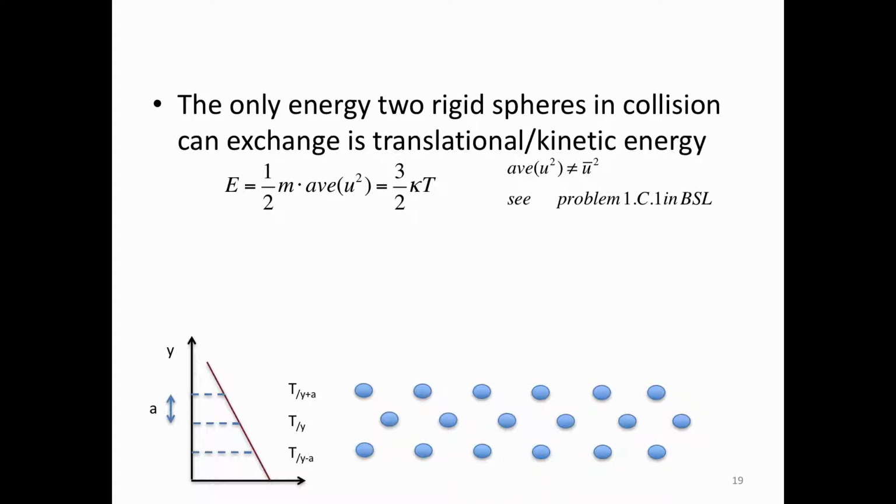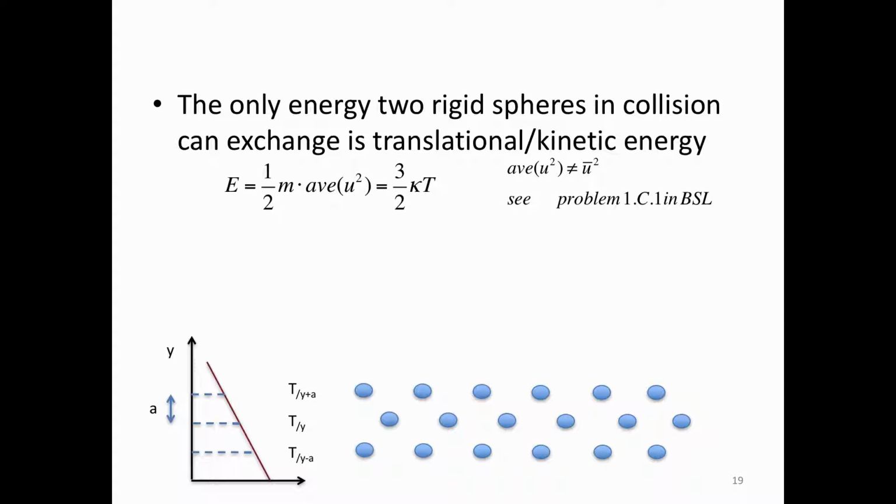So let's look at what it is that I'm transporting. So molecules are moving around, and now I'm looking at the heat, which is energy transport. And the only energy that we are actually looking into is kinetic energy, and that's also the only energy that these two molecules exchange as they collide. So basically energy is 1/2 mass times the average of u squared.